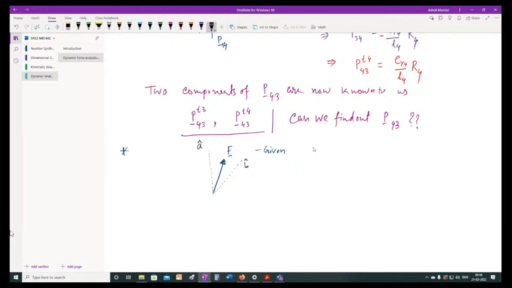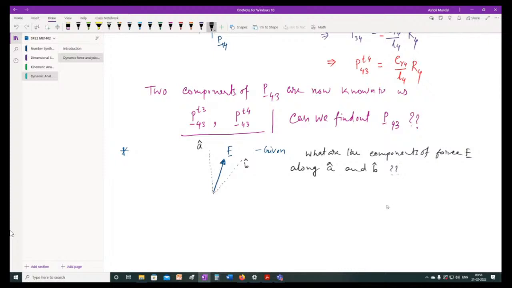So can you find out what are the components of force F along A and B?